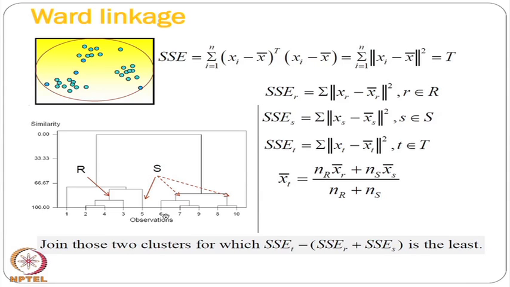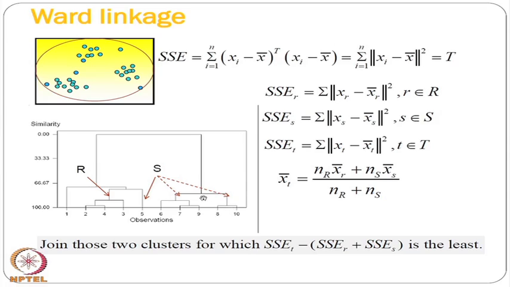Now, if you join any two objects into one cluster, the cluster you form will have a certain distance, and as a result the resultant error will also increase. So in this manner we will move upward, and the criterion in the movement is this.